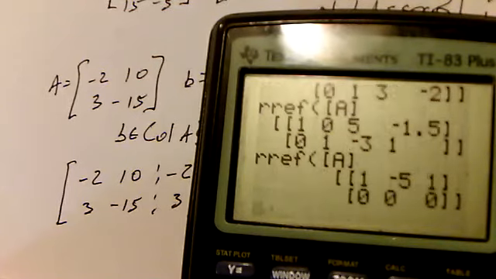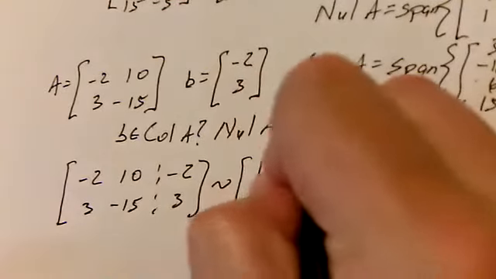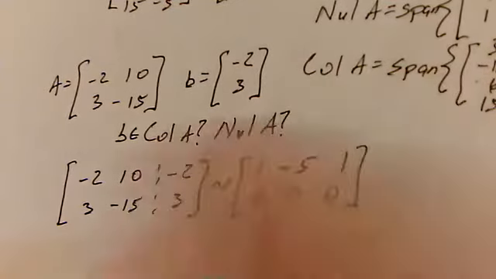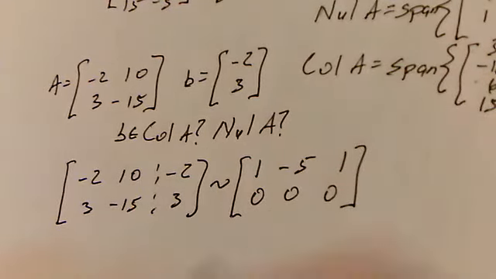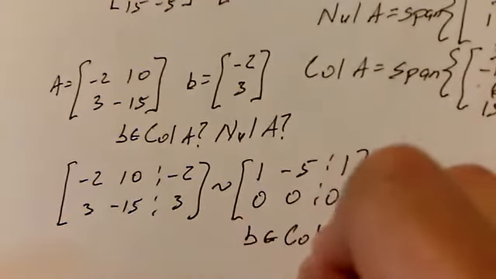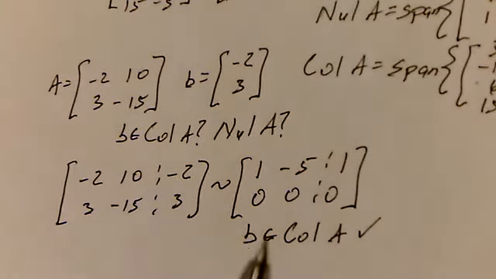Okay, we're going to row reduce that. I get 1, -5, 1 across the top, and all zeros along the bottom row. Okay, so this is a consistent system. So this means that B is an element of the column space of A, because the system is consistent.